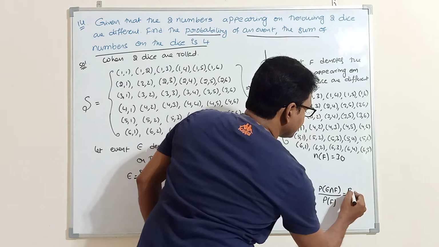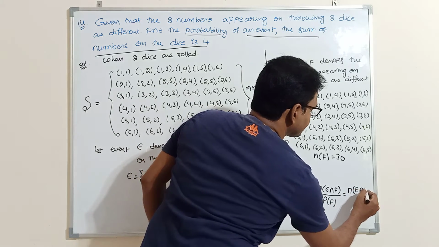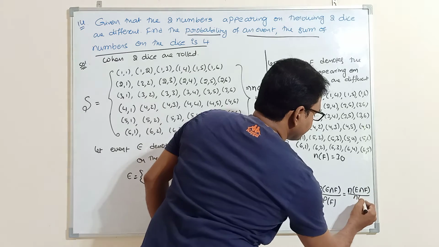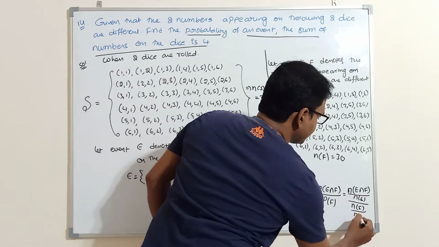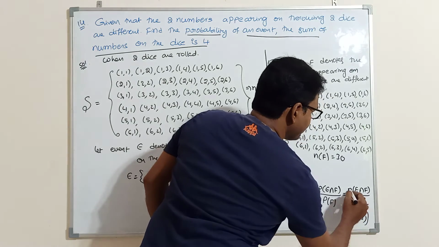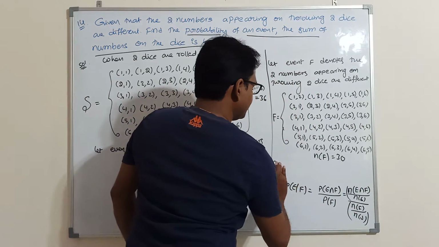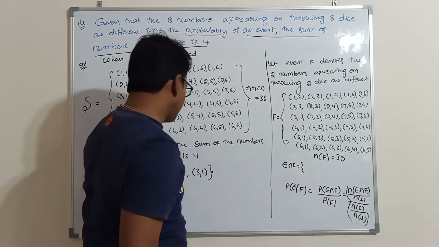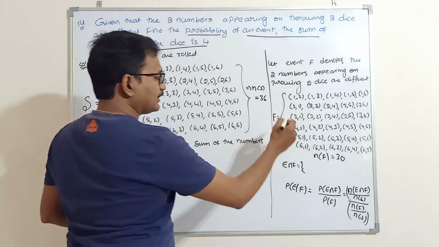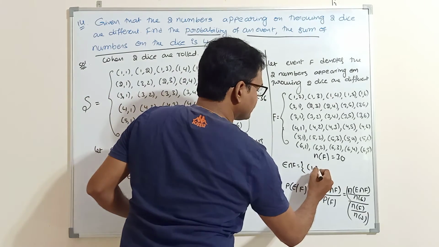So what is the formula for this? N of E intersection F by N of S, by N of F by N of S. So next, E intersection F. For E and F, how many common sample points are there? 1 comma 3 is common.